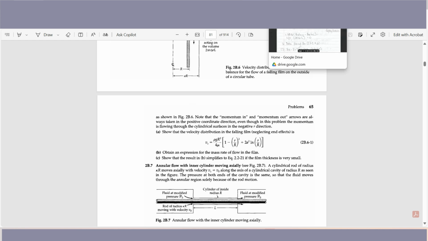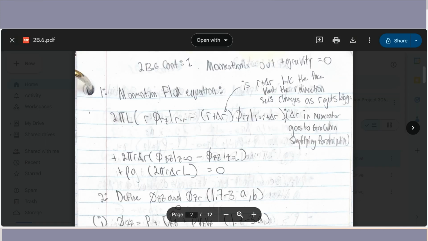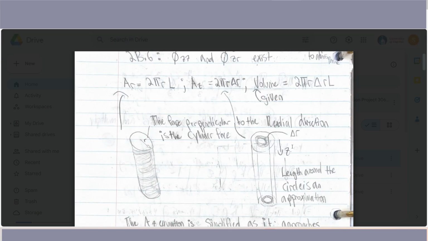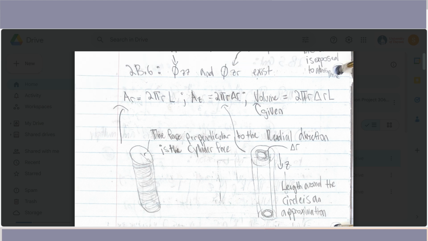There isn't going to be a pressure because the liquid is exposed to air throughout the whole falling part. So there's not going to be any pressure term. If this was a pipe and the liquid was actually pushing against something, there would be the pressure term. But since it's outside and open to the air, there's going to be no pressure gradient.